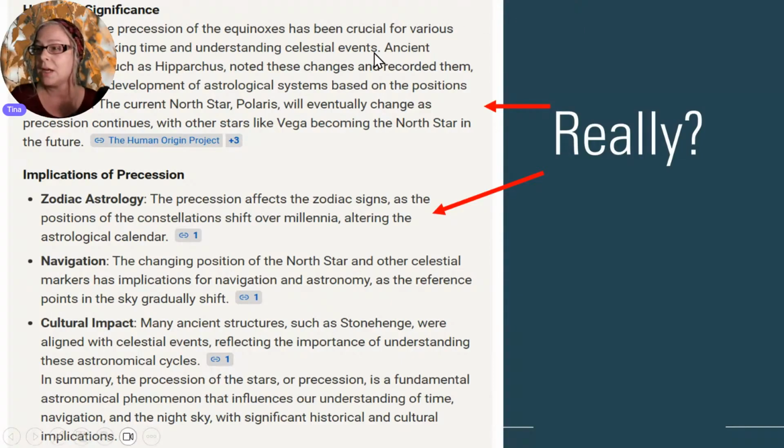Okay, and then it goes on to talk about something else that I really have a problem with. The current North Star, Polaris, will eventually change as the precession continues, with other stars like Vega becoming the North Star in the future.